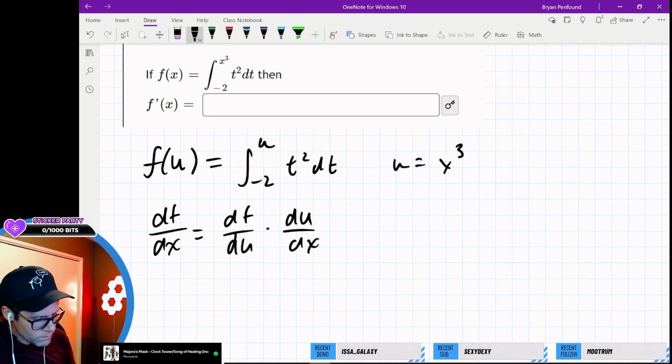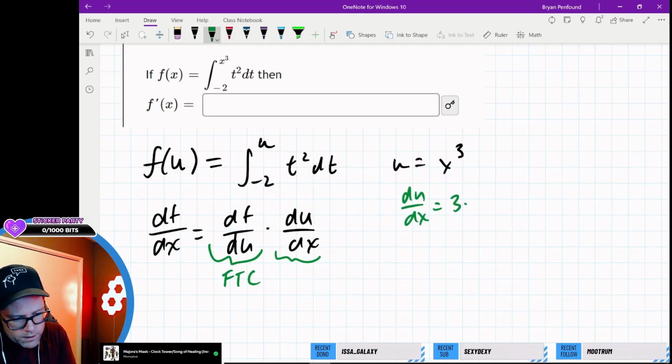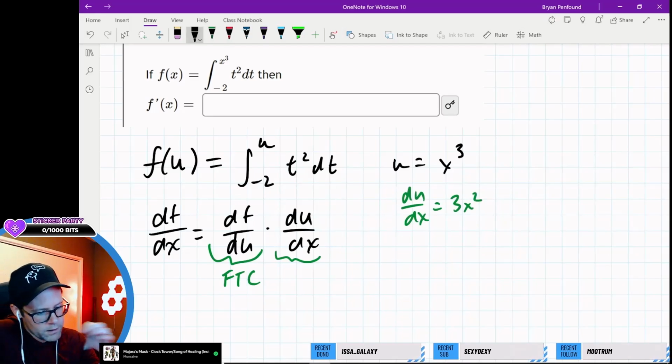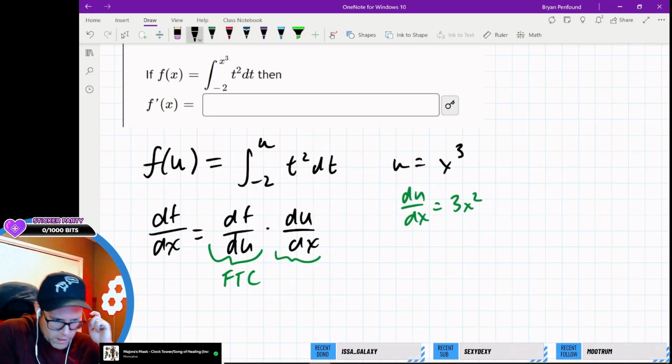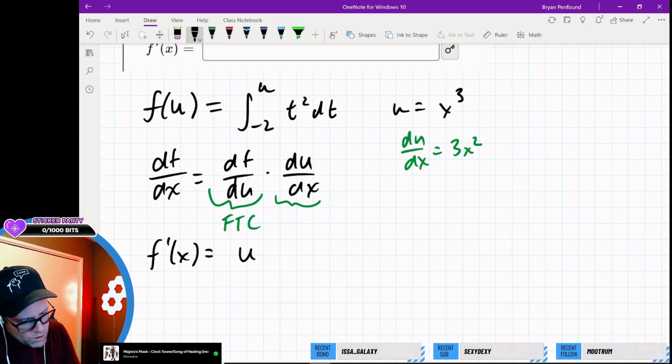So this one can be found using the FTC, and then this one we can find just by finding du dx, which is 3x squared. Now, for the FTC part, that's just going to be u squared, I think, right? So our f prime with respect to x should be u squared times 3x squared.